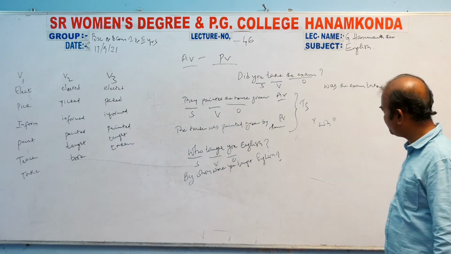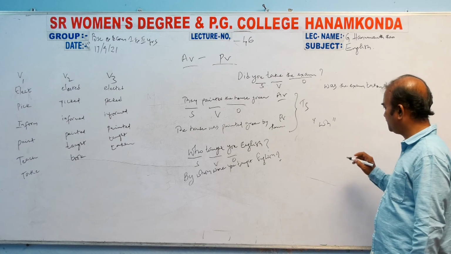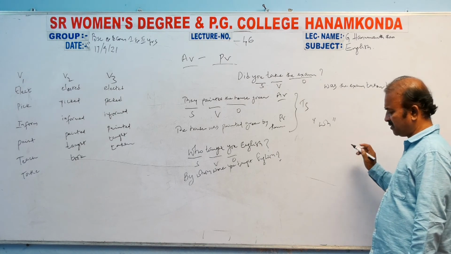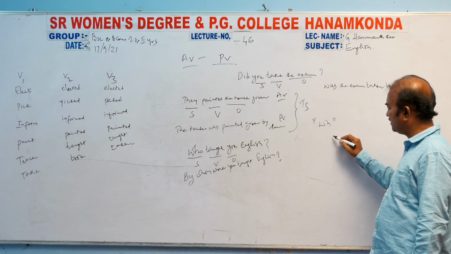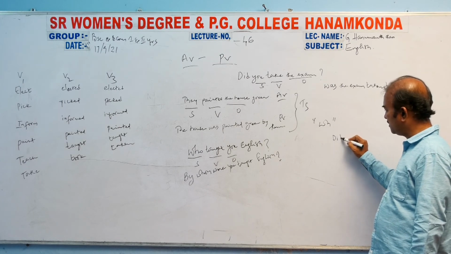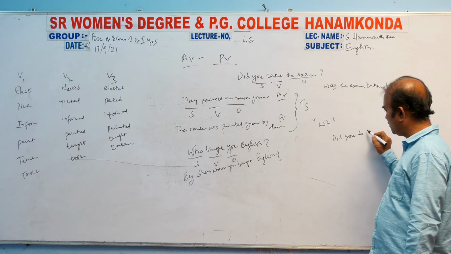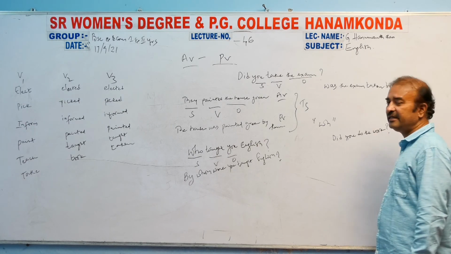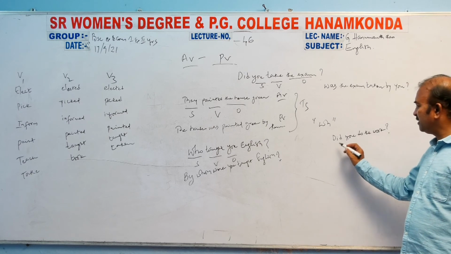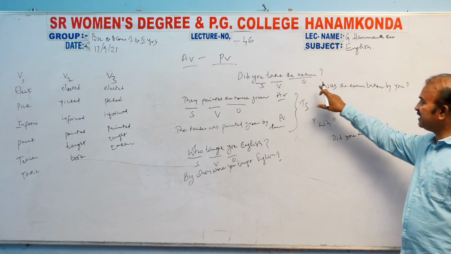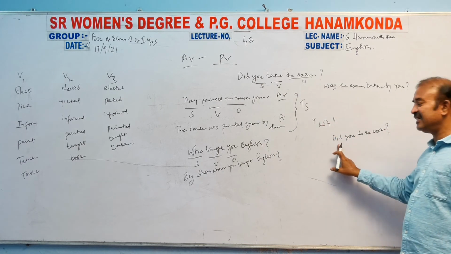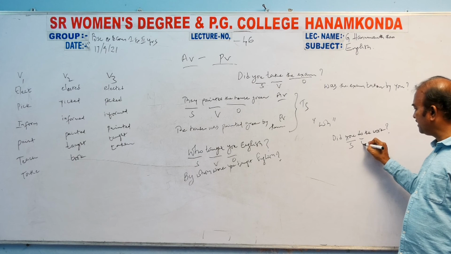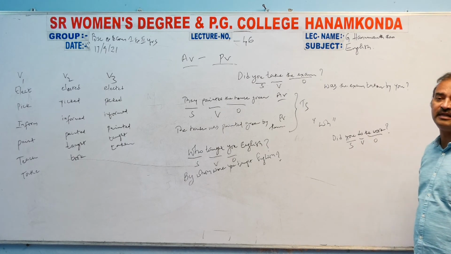Next one. Do the work. Did you do the work? Girls, similar sentence. Beginning with did, in past tense. And here, subject, verb, and the object.